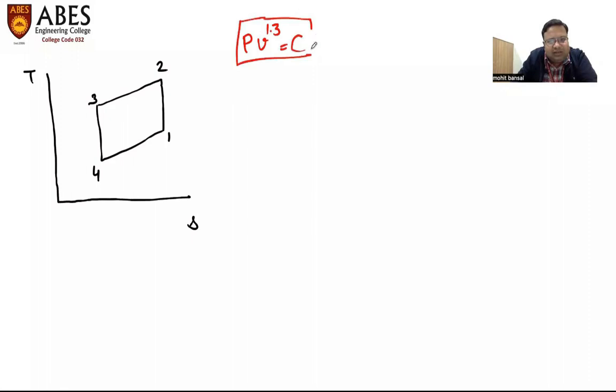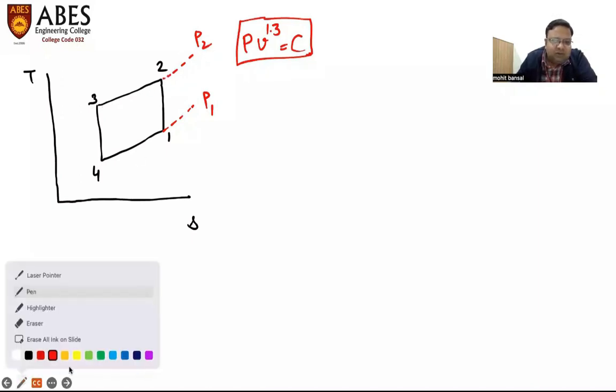Now how will the TS diagram look if the compression process and the expansion process follow this law? This is the pressure P1 and this is the pressure P2. These are the constant pressure lines on the TS diagram, which are of a diverging nature. Now PV^1.3, what does it mean actually?